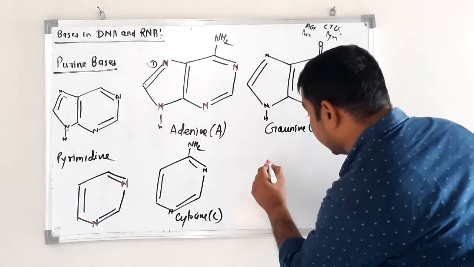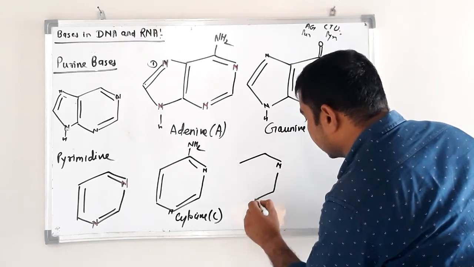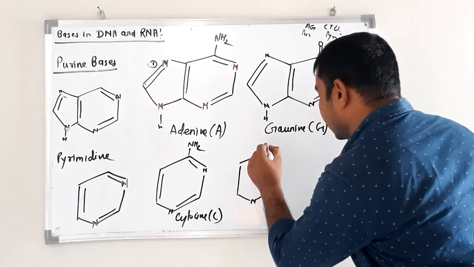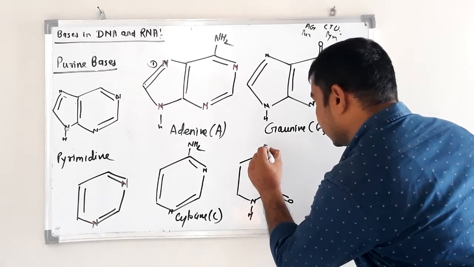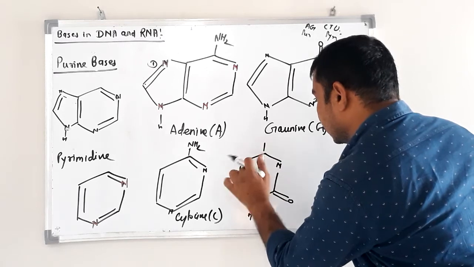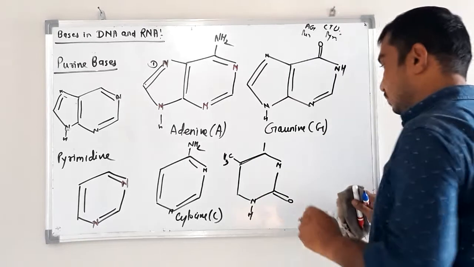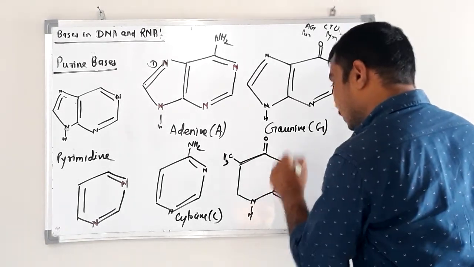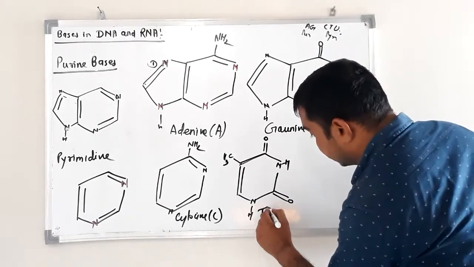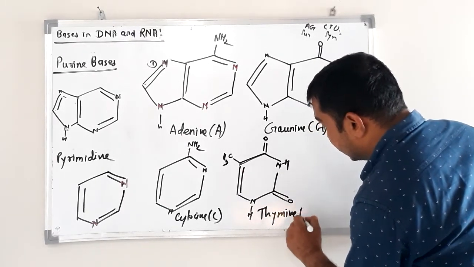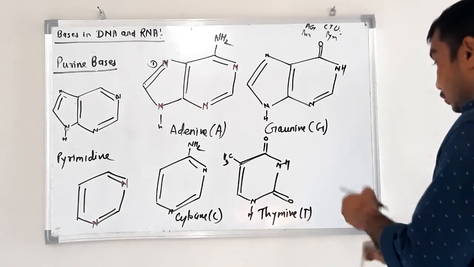Next is thymine, with CH3, NH, and a double bond here. This is thymine, T. And the last is uracil.